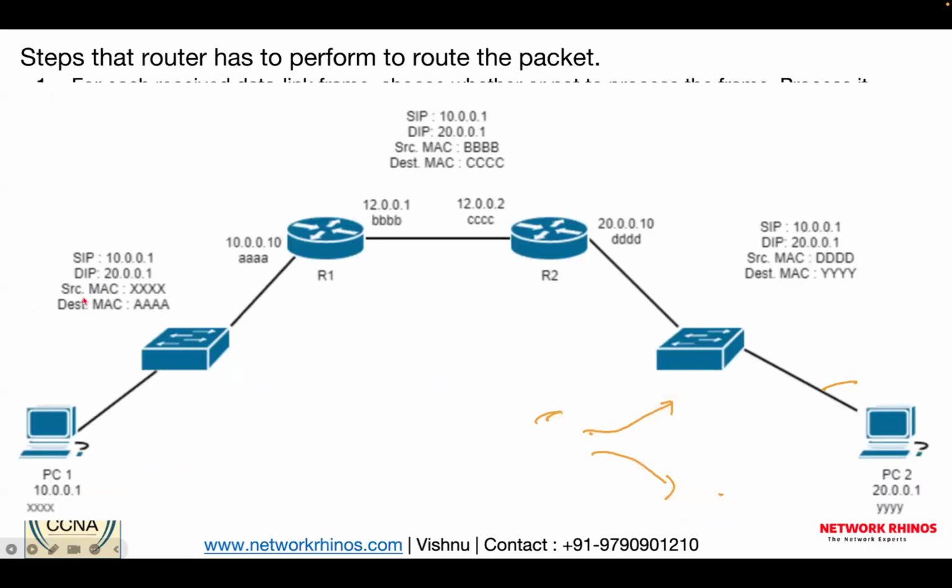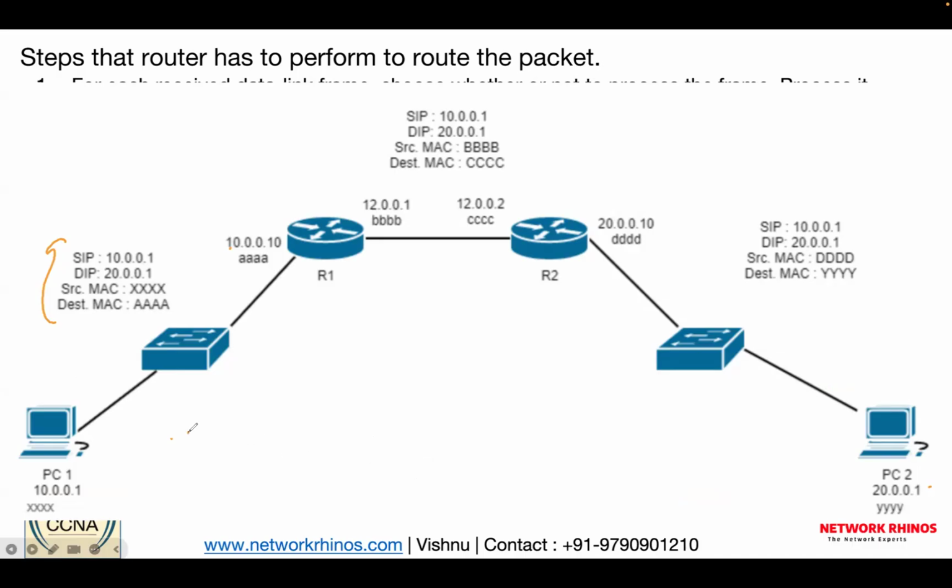Whenever traffic goes from PC1 to PC2, it has to go through each router. And on every hop, the content of the packet will vary. For example, imagine PC1 wants to communicate to PC2, and PC1's IP is 10.0.0.1, and PC2's IP is 20.0.0.1.